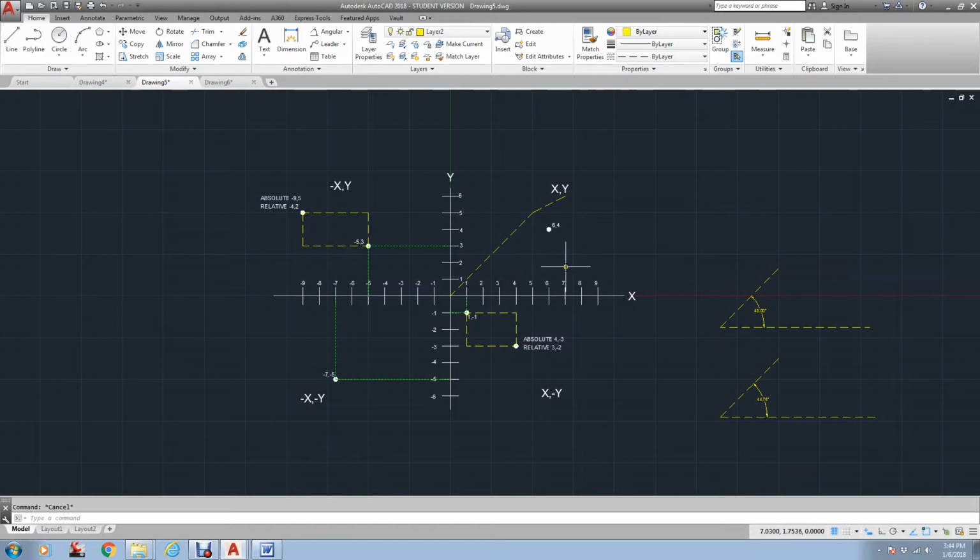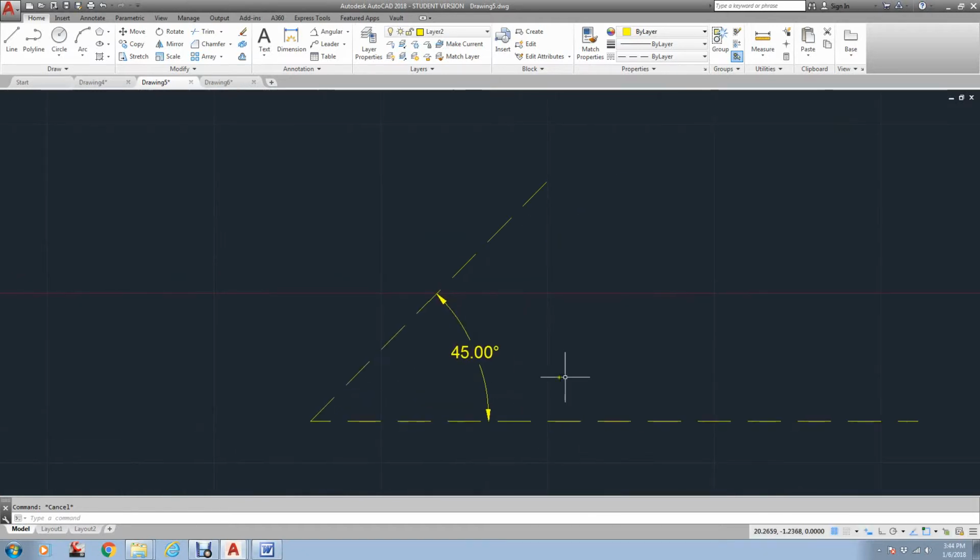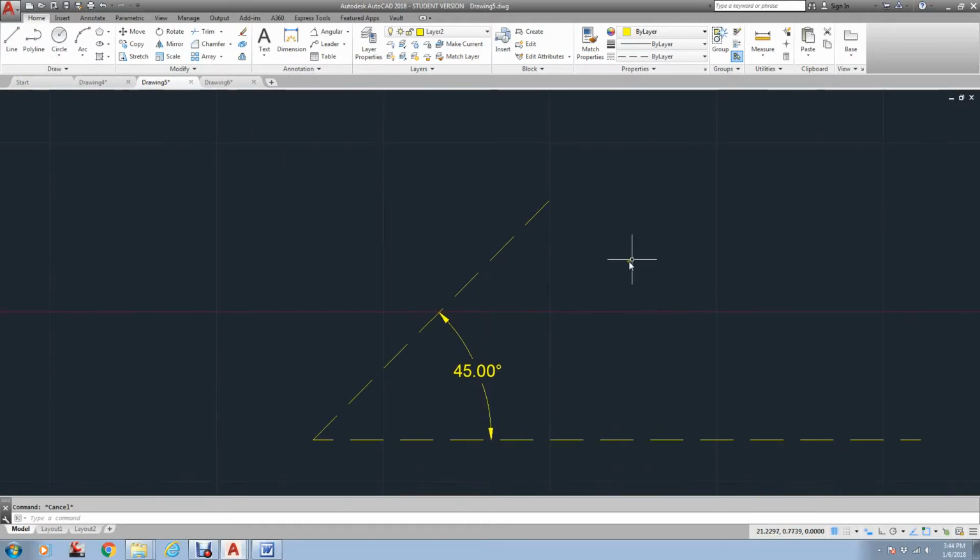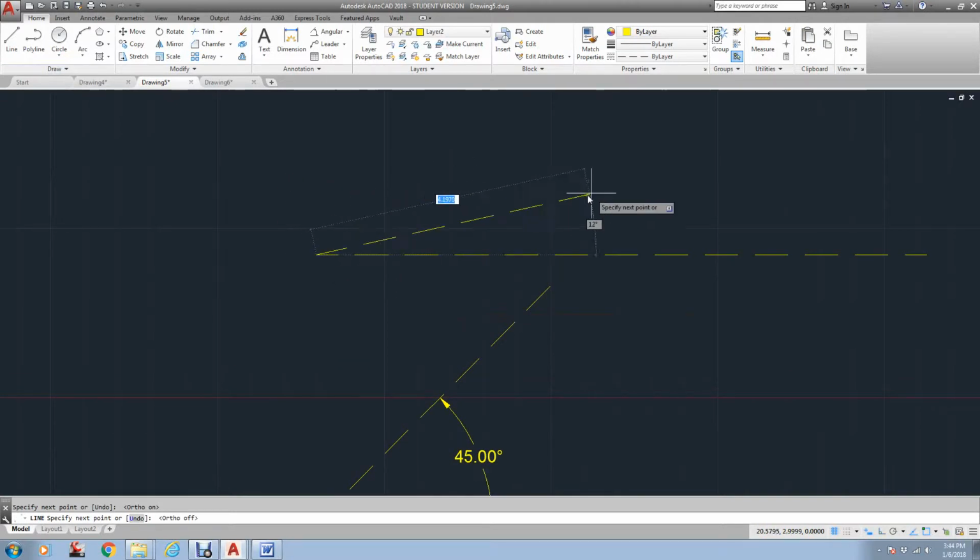Now, besides using those coordinates, you can actually input also by angles and distances, what I have done right here. If I start a line and I come over here, and I go to this point, now if I want it to be, say, 5 units at 15 degrees, the correct way to do it would be 5 and then the less than key.